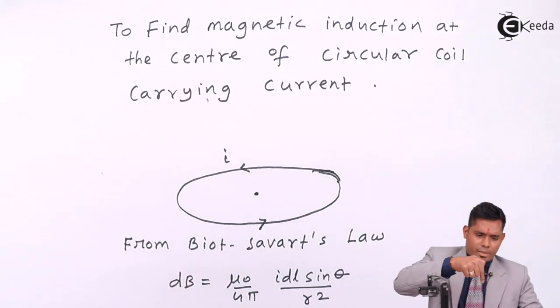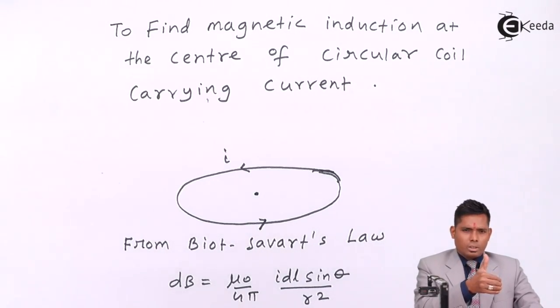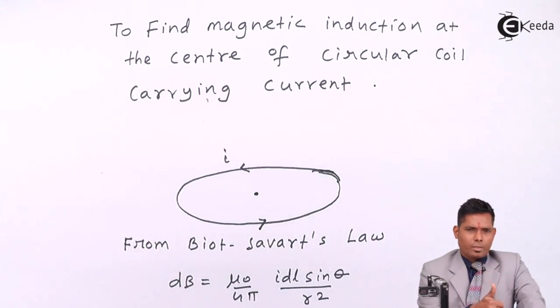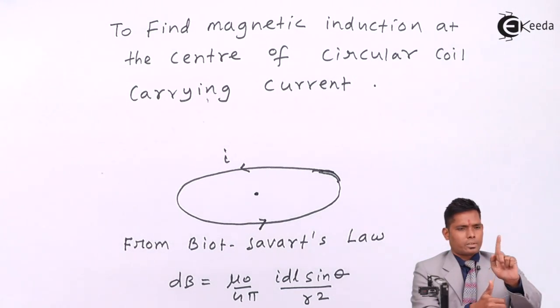The current is anti-clockwise, so I will curl my fingers in the anti-clockwise sense. The thumb must be in the direction of the magnetic field. So the direction of the magnetic field will be like this. From a circular coil, the magnetic field will be pointing out like this.